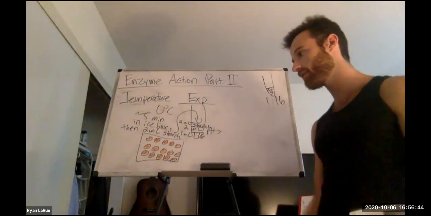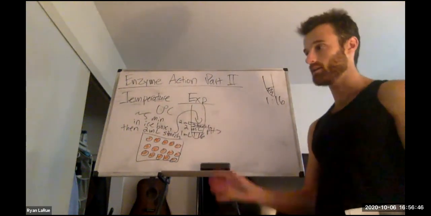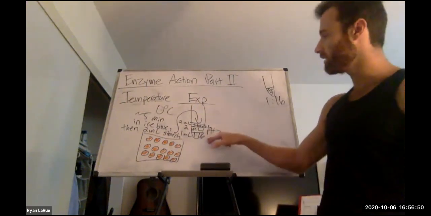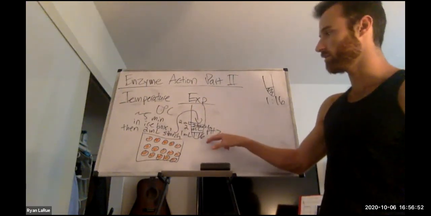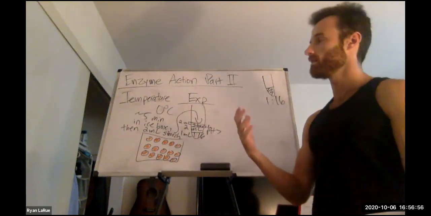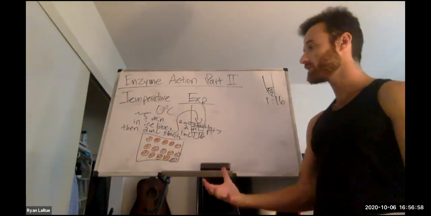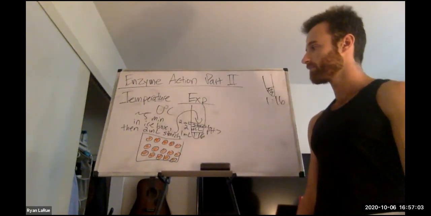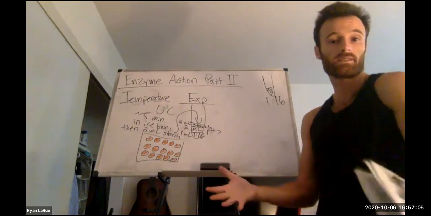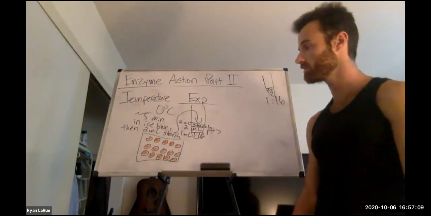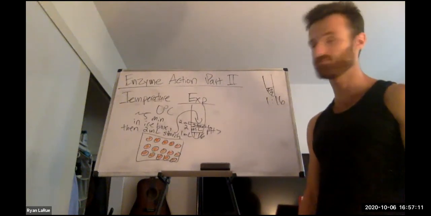So there's a warm water bath, room temperature, and then there's a hot water bath too. Again, you would incubate the enzyme for about 5 minutes in the temperature condition so that the enzyme's exposed and becomes that temperature. Then you would add the starch, and then you're testing to see if the enzyme works after being exposed to these different conditions. That's the goal of this lab.